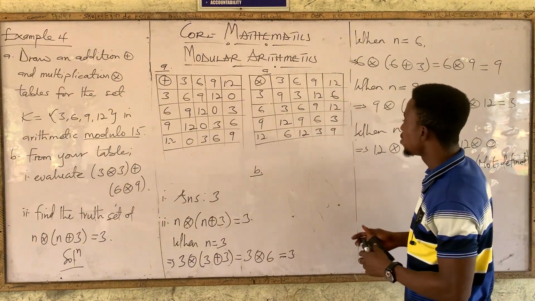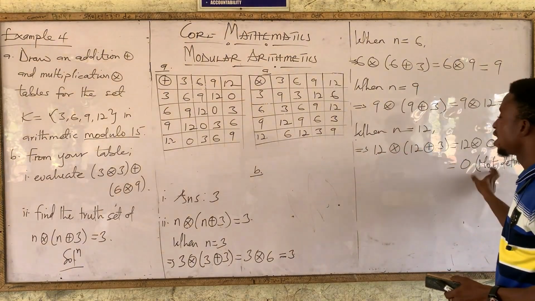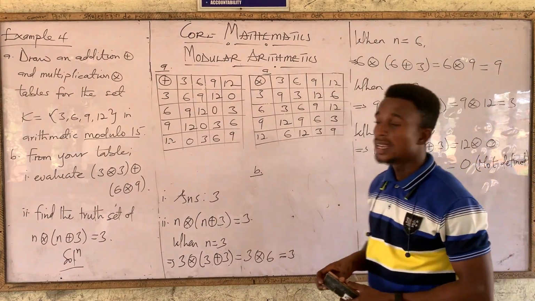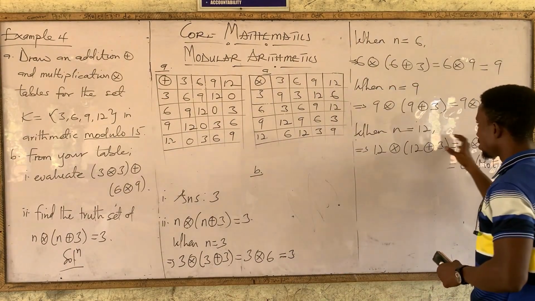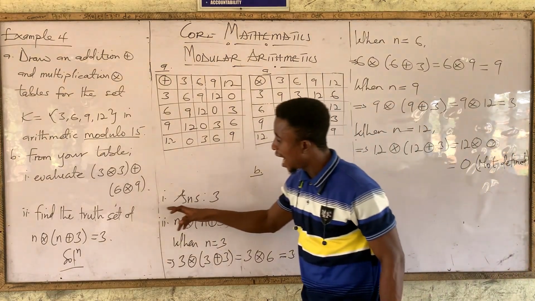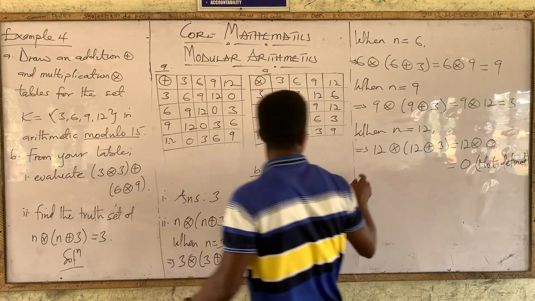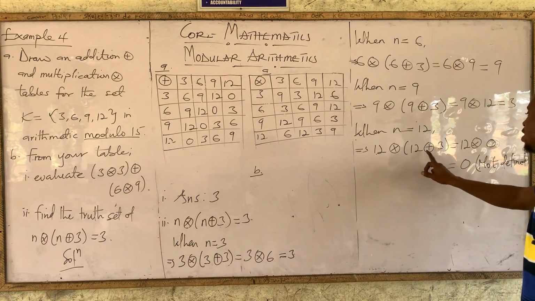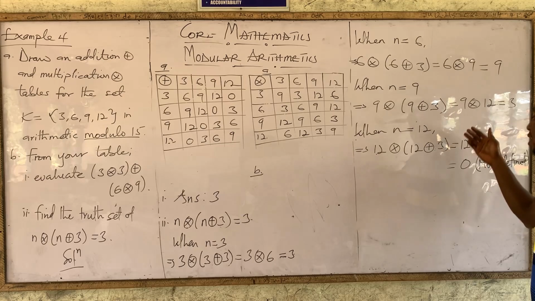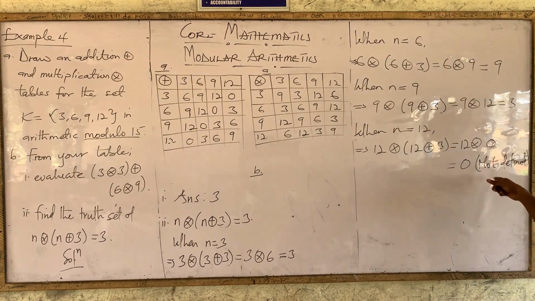So whenever you are given this one to operate, we get our answer to be undefined. Like right after the I, then I give you 12 times into bracket 12 plus 3 to solve. And if you solve and you get here, then you say undefined.